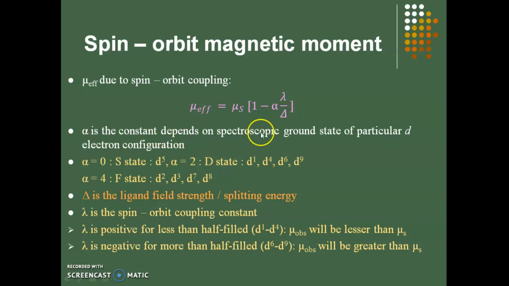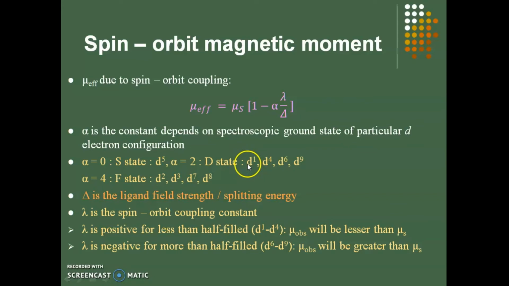Lambda is a constant which depends on the spectroscopic ground state of a particular D configuration. When the D configuration is D5, the alpha value is equal to 0. When the D configuration is D1, D4, D6 and D9, then the alpha value is equal to 2.